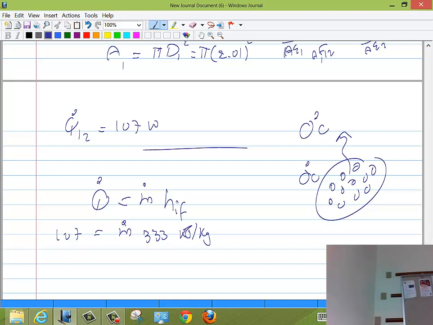And so for water at 0 degree, 333 kJ per kilogram. Thank you.